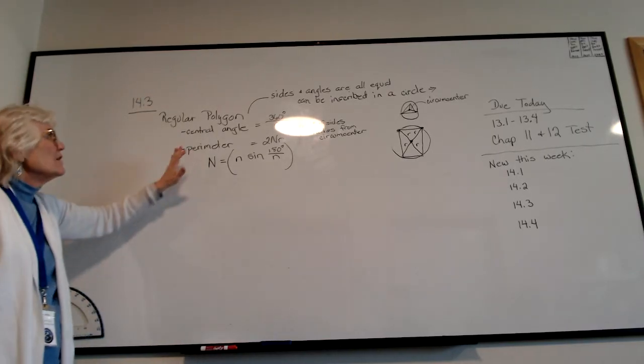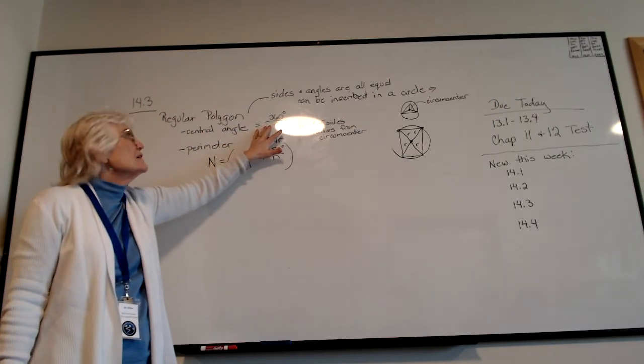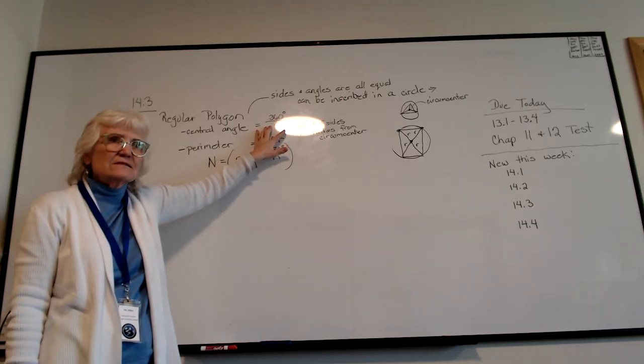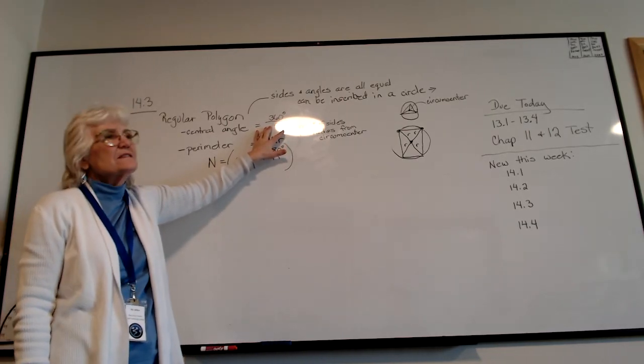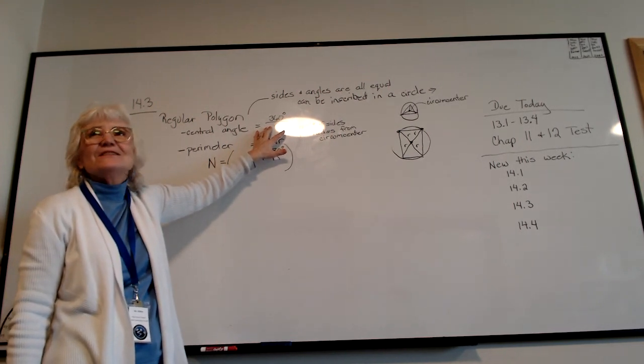So we found that to find a central angle, you use 360 degrees divided by the number of sides, because the number of sides is the same as the number of radii that connect to the vertices.